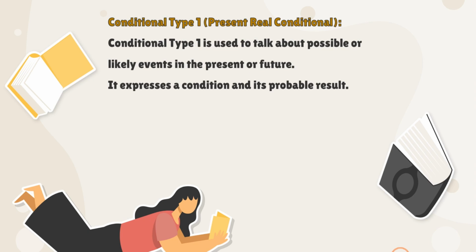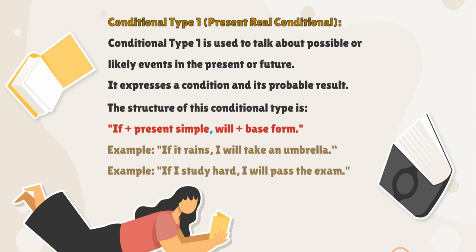The structure of this conditional type is if plus present simple, comma, don't forget the comma, and will plus the base form of the verb. If plus present simple is our if clause, and will plus the base form of the verb is the result clause.